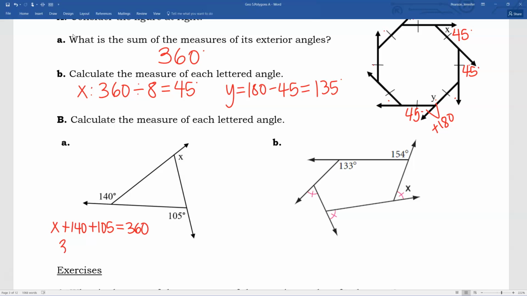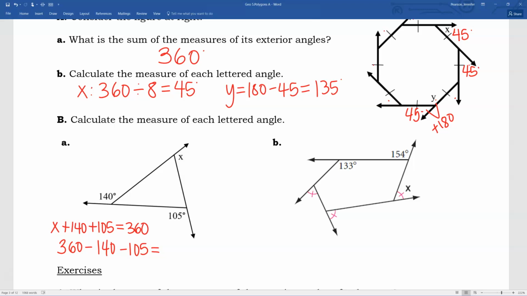So you could add those values first, right? 140 plus 105, and then subtract the sum. You could also just subtract them one at a time, and it should give you the same value either way. Okay, 360 minus 140 minus 105, or 360 minus 245, either way.